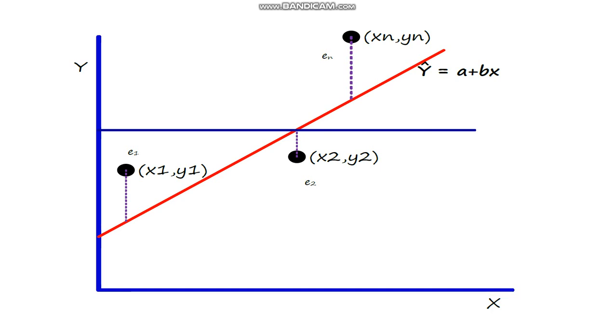This is the intercept, and its estimate is y cap equal to a plus bx. This is the first error term e1, where the point x1, y1 is situated; this is the difference from the predicted line. Here is e2, this is the difference, and this dotted line shows the difference for the last point.